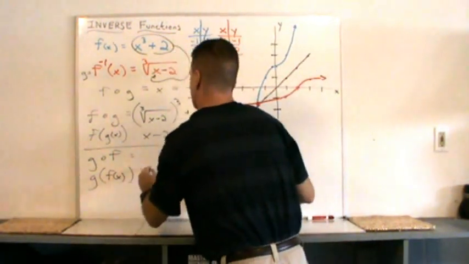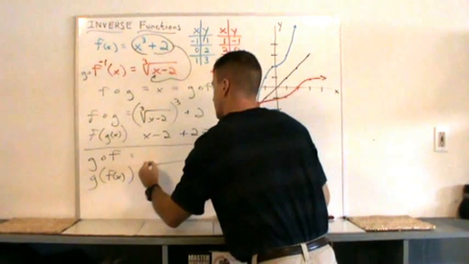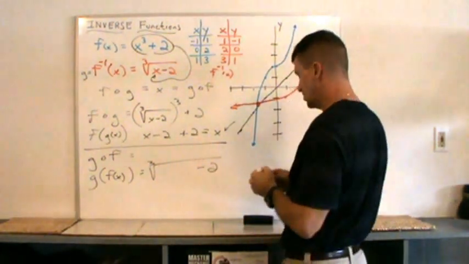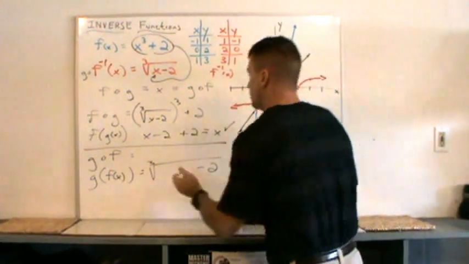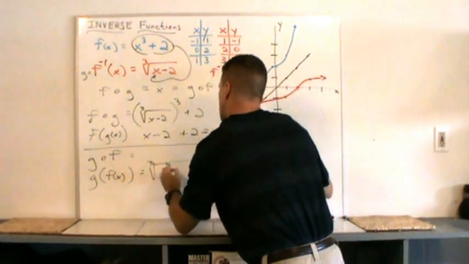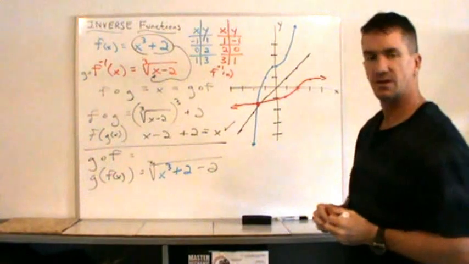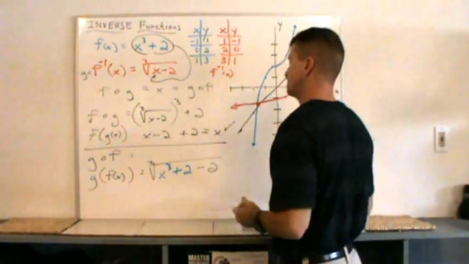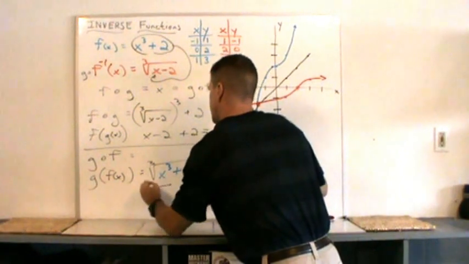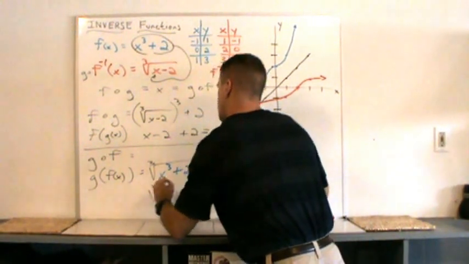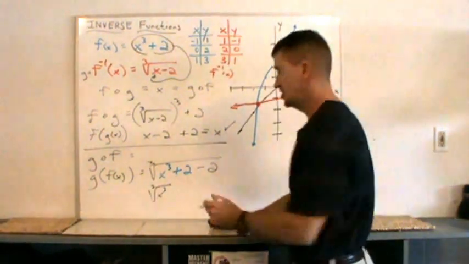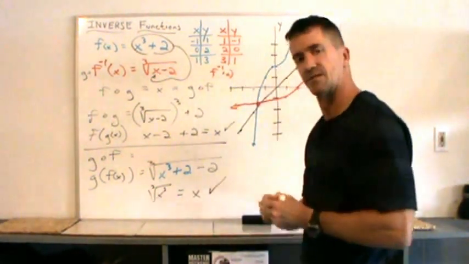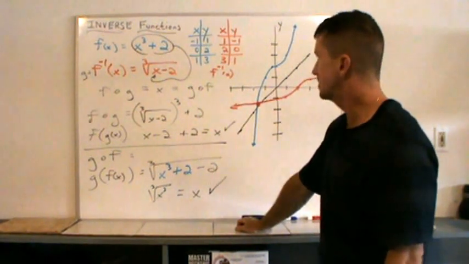So if we do that, look, you got the cube root of x minus 2. There was an x here. We're going to substitute that x cubed plus 2 right in there. 2 minus 2 is 0, we get the cube root of x cubed. Cube root of x cubed is x. There, verified. So that's inverse functions.